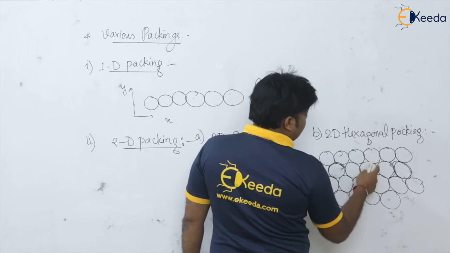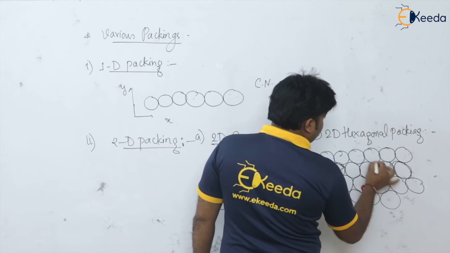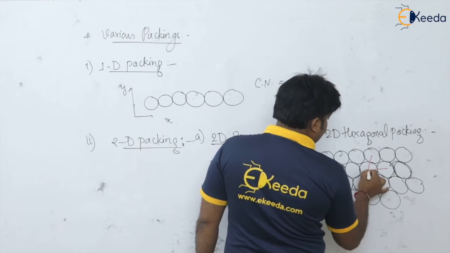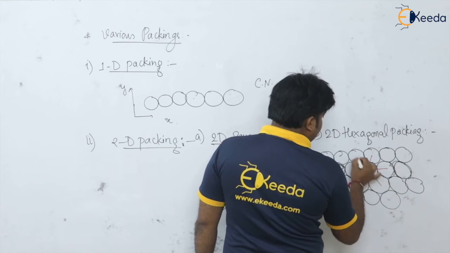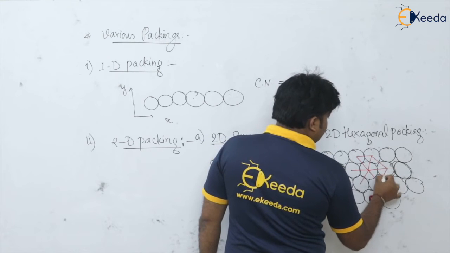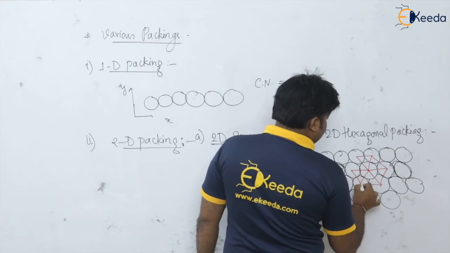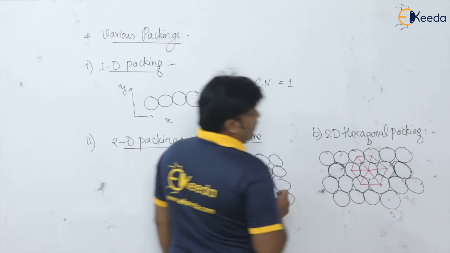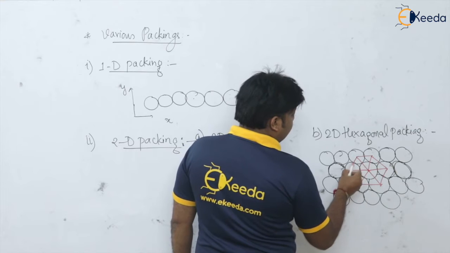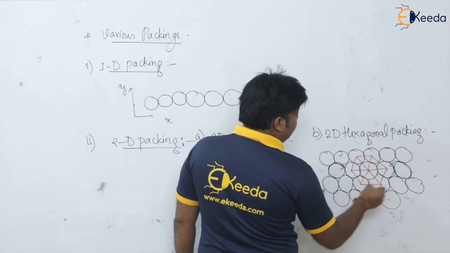whereas here if you take any atom, for example I am taking this, see how many nearest neighbors. This is 1, this is 2, this is 3rd, this is 4th, 5th and 6th. So why do they say hexagonal? Because any atom we take under consideration is touching 6 neighboring atoms.